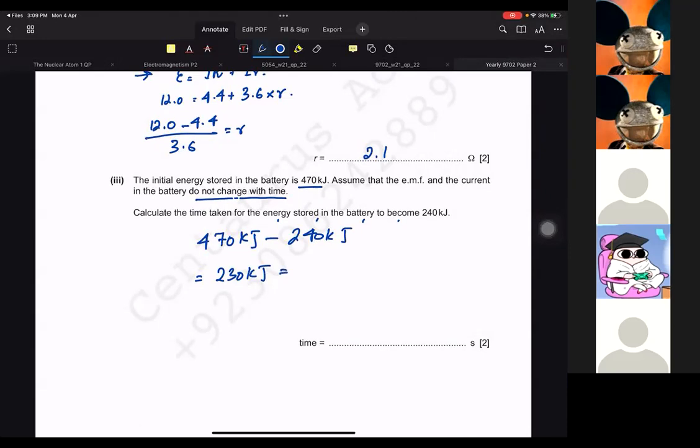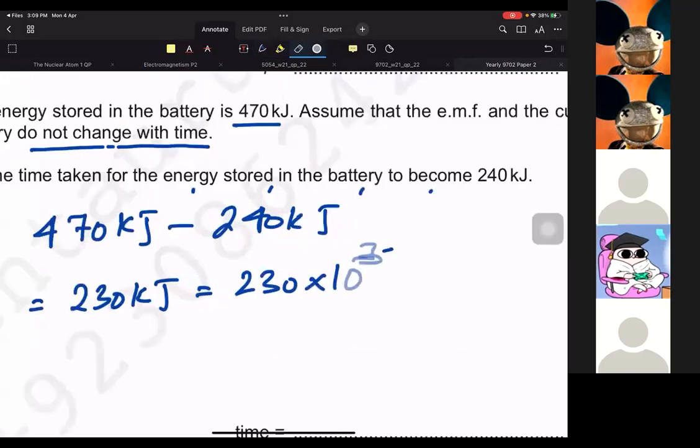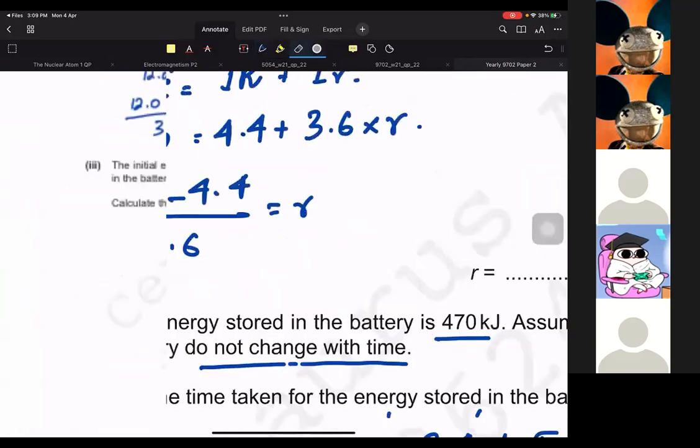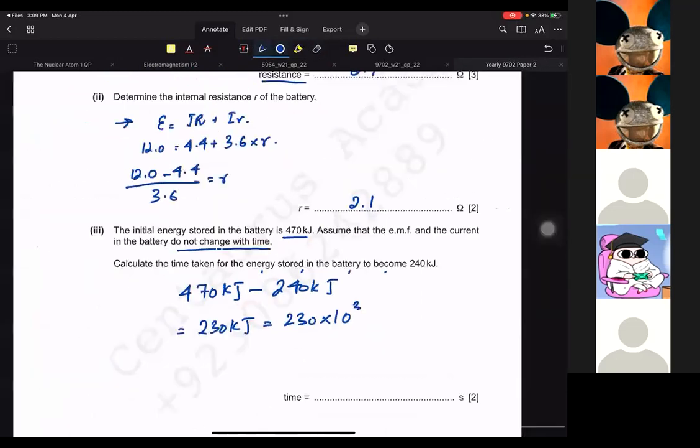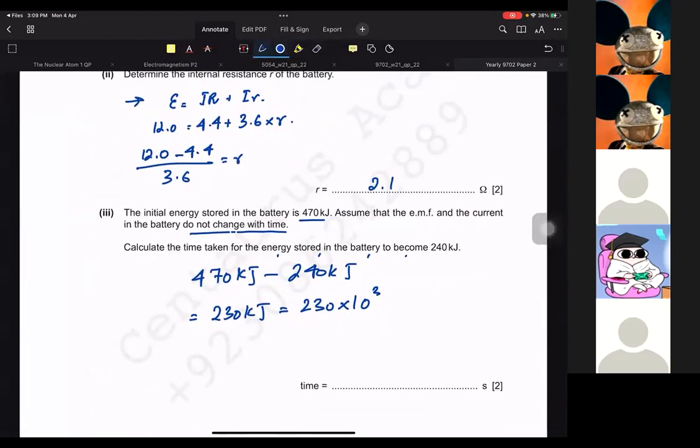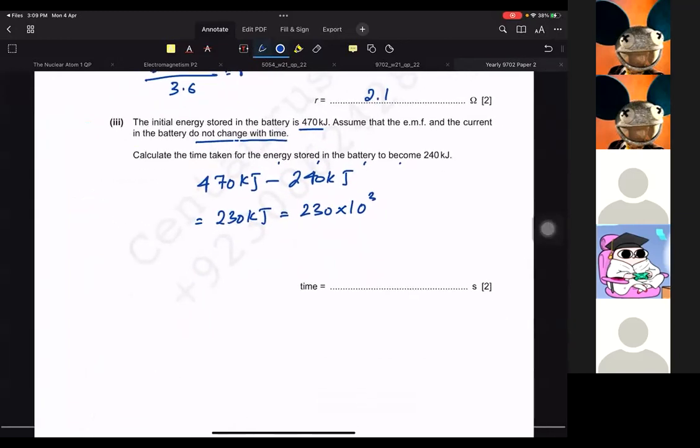I'm going to write it as 230 times 10 raised to power 3, because this is kilo. Now, this is the energy, and we need to find the time. What should we do to find the time?